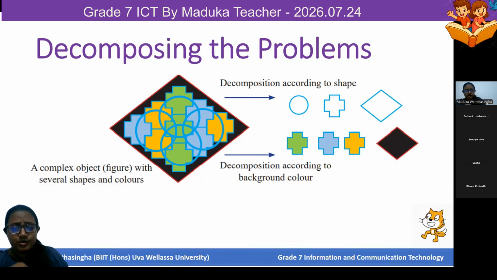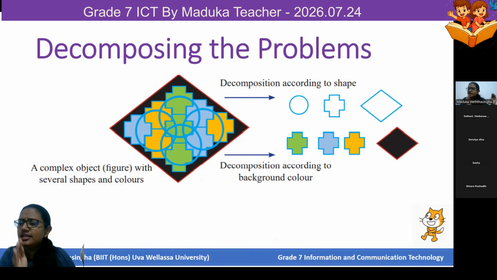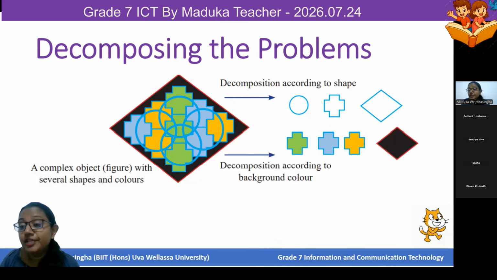So, in our day-to-day life, if we have a complex problem, what we do, we separate it into small parts and then we solve them part by part. Likewise, when we are going to develop computer programs, we have a complex problem.